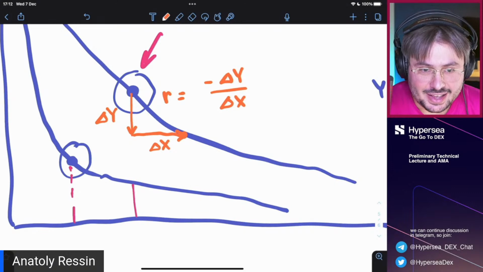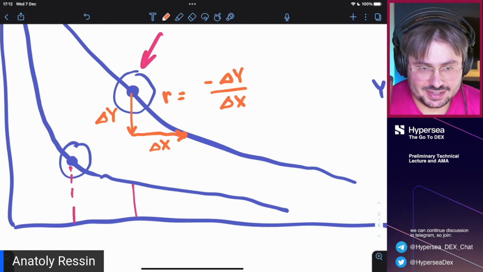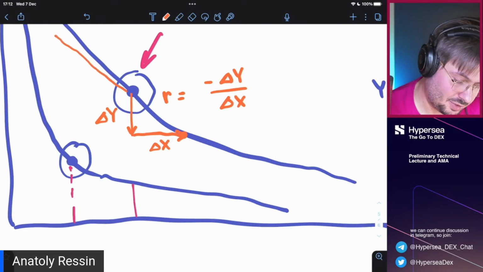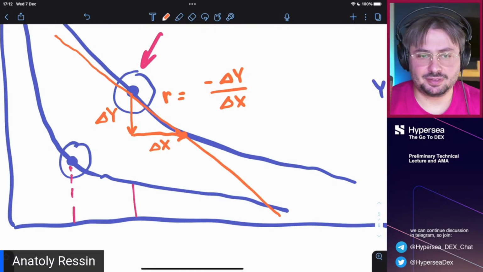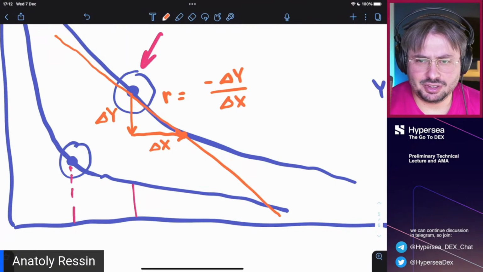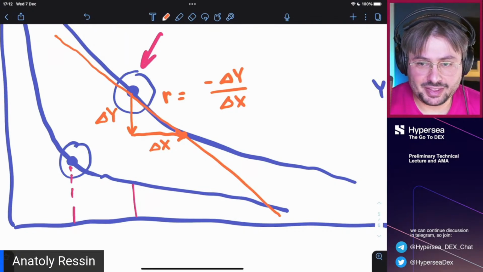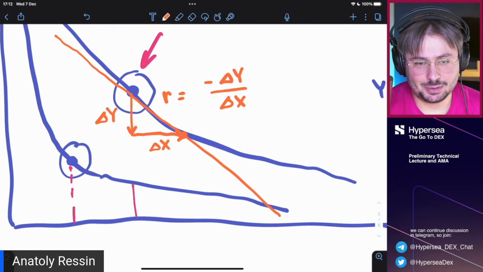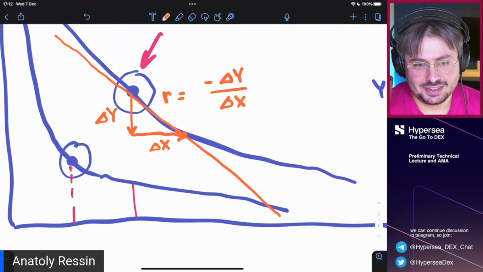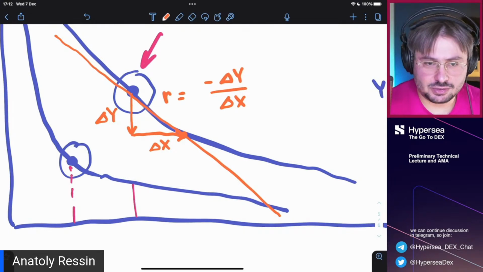When we are talking about dy divided by dx, we are talking about the slope. It's a derivative. I know that everybody is scared of integrals and derivatives, but this is the place where they are actually used.